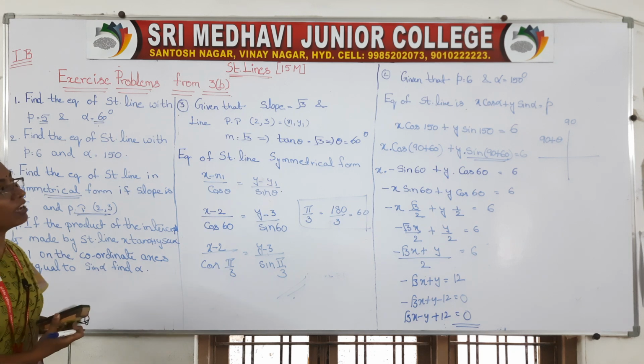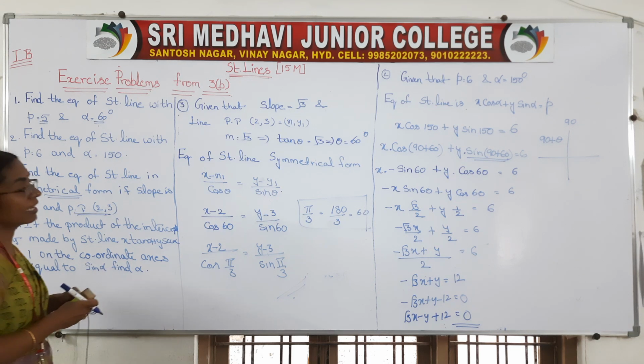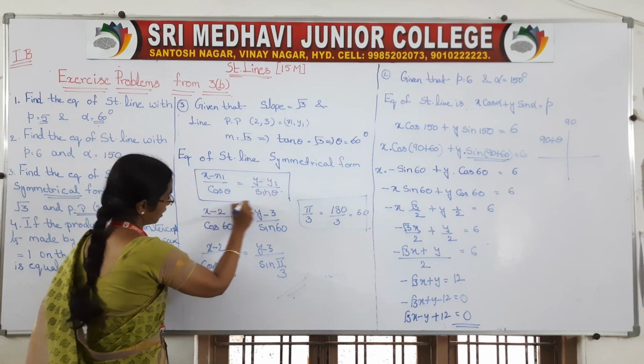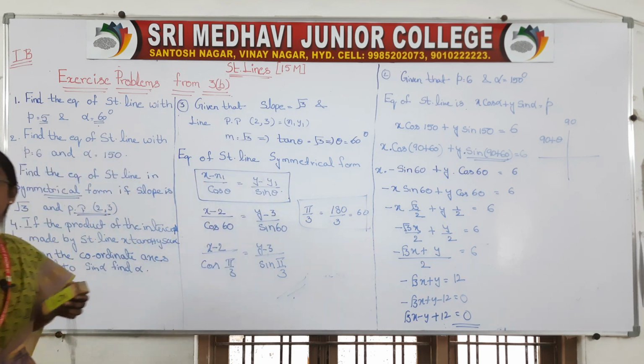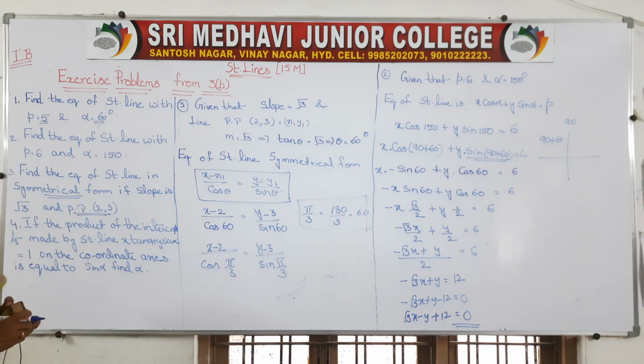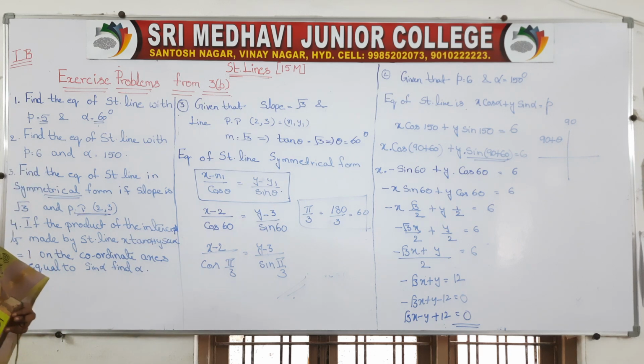We can take theta value from that, and one point is given to us. So we have to write this straight line equation by using this formula for equation of the straight line in symmetrical form. Just substitute, we'll get the answer. It should be in this form only, that's why we did simplify the problem.